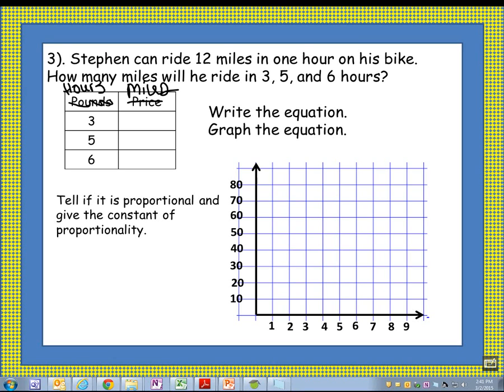Did you finish that last example? Where's your graph? Yeah, finish the last example.